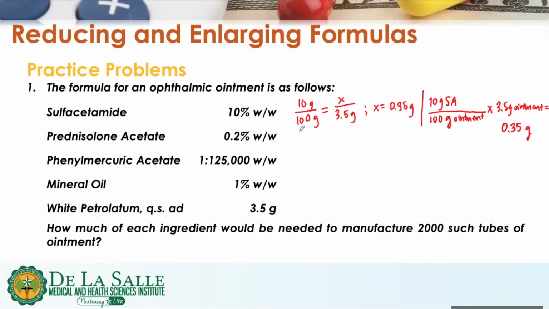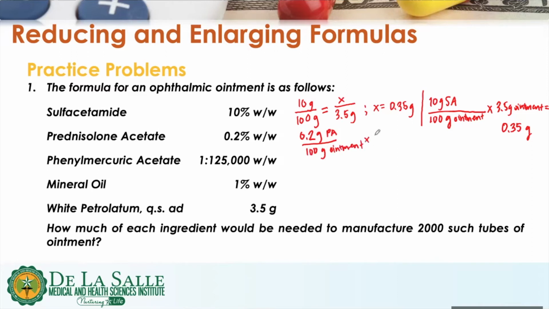We will do the same to prednisolone acetate. This time, we will just perform dimensional analysis. 0.2% weight in weight means 0.2 gram of prednisolone acetate in every 100 gram of the ointment.